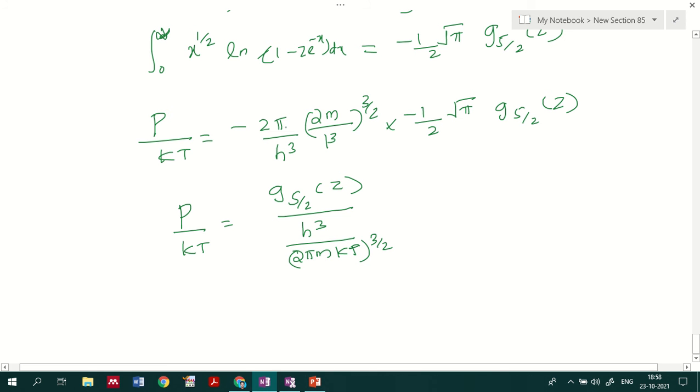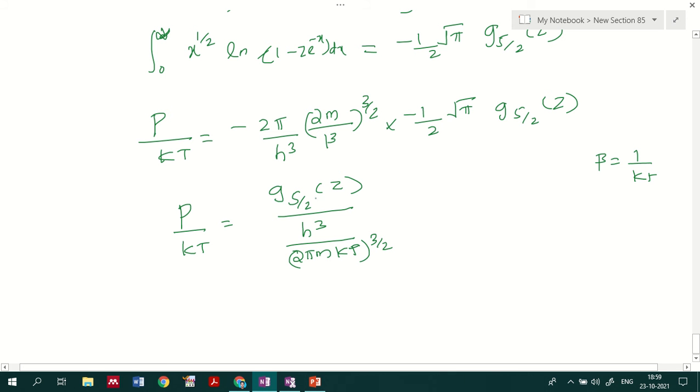It came because pi and root pi is there, that means pi raised to 3 by 2. Okay, and beta equal to 1 by kt, that is also we know. Okay, from that combining that representation, here if you substitute 1 by beta, okay, so beta we know equal to 1 by kt, then if you substitute 1 by kt over here, so this will come on the numerator, right? And here also you can represent the same, here pi and root pi is there, so which if you represent, it will be pi raised to 3 by 2.